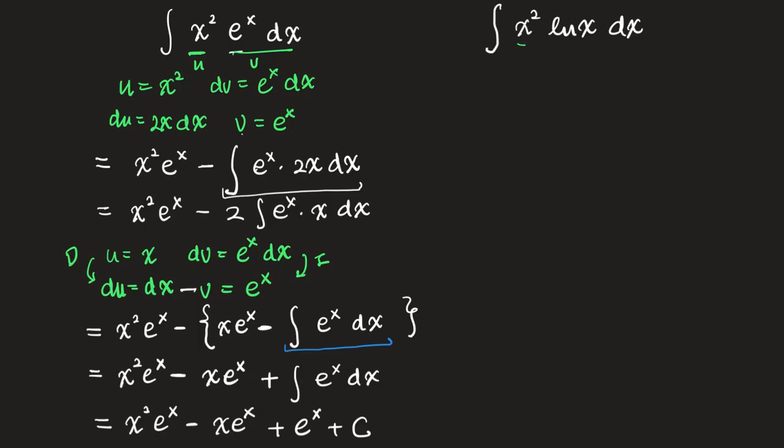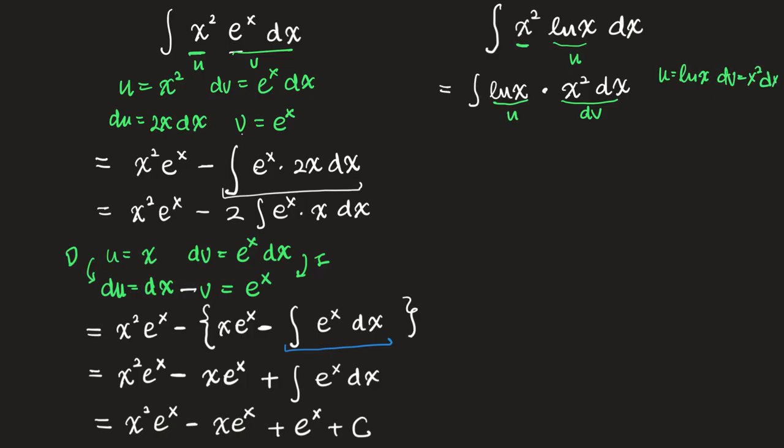Polynomial, ln x first, right? dx is dv. So I'm going to rewrite this one. Put u be ln x, dv gonna be x squared dx.